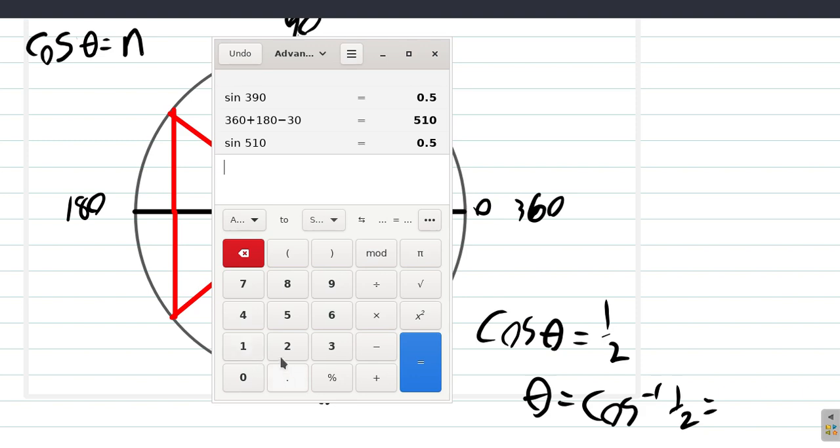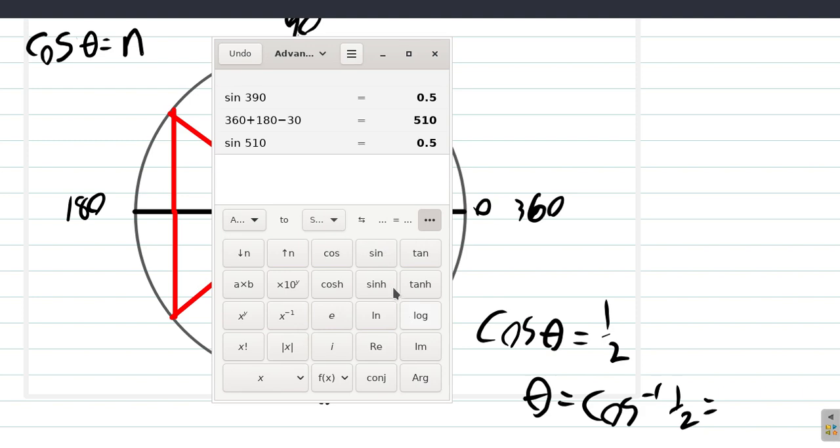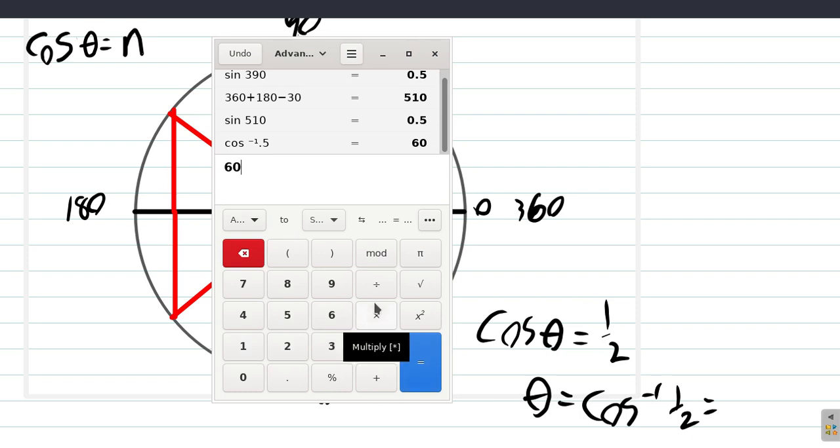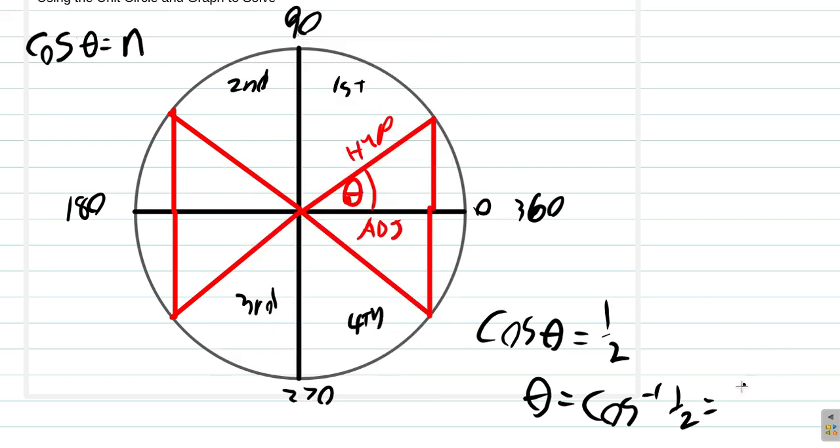Cosine inverse of 0.5 equals 60 degrees. So the cosine inverse of a half is 60 degrees. Let us say this is our 60 degrees, right? Now we draw 4 other triangles similar to this.